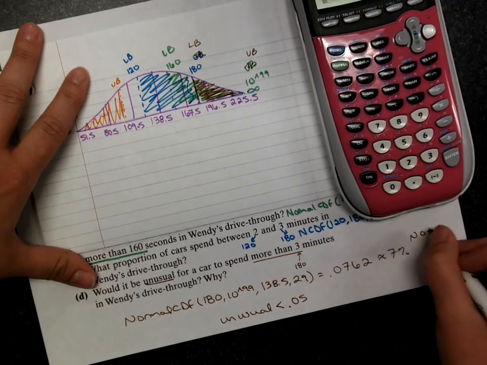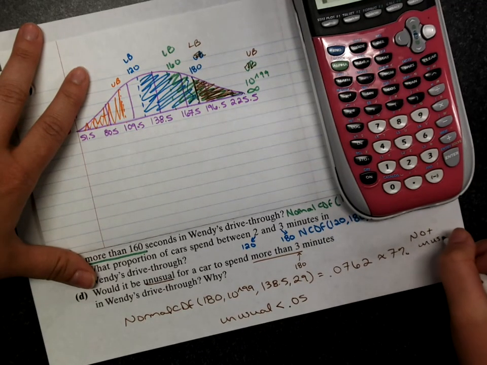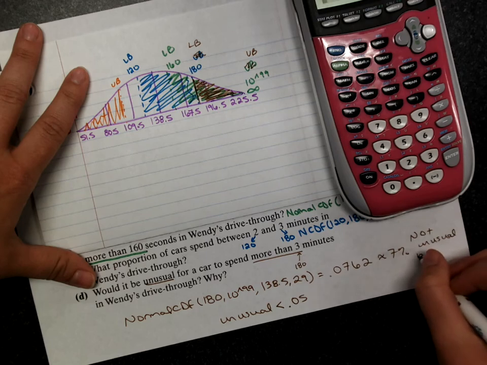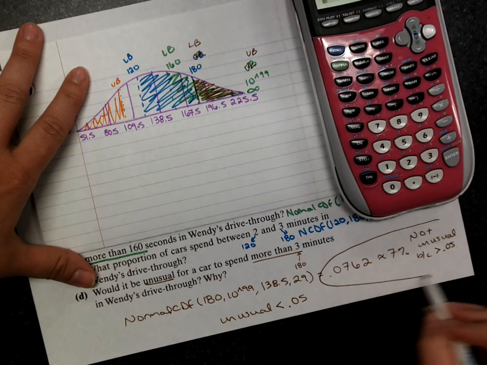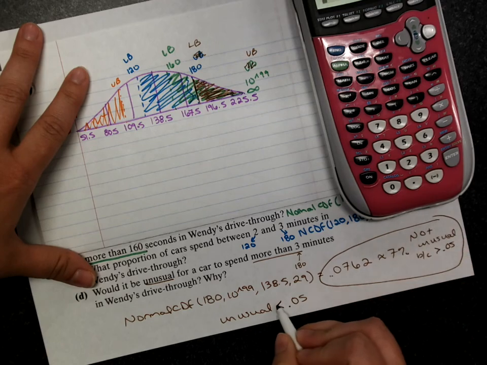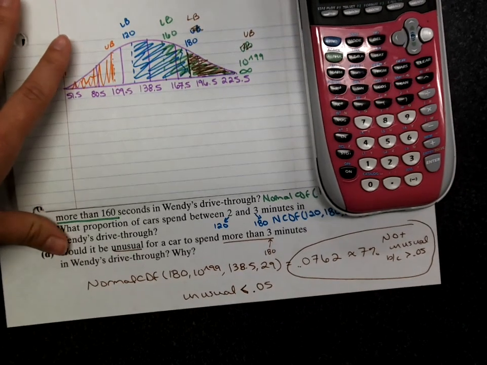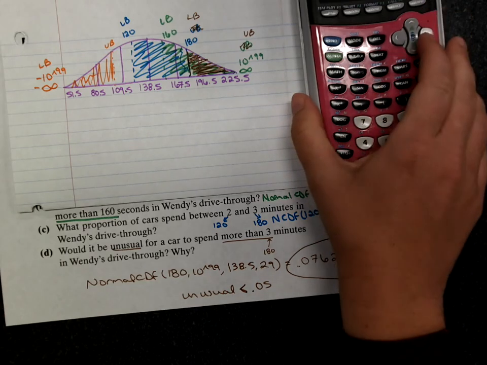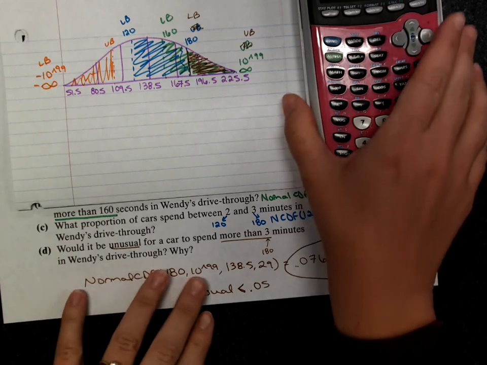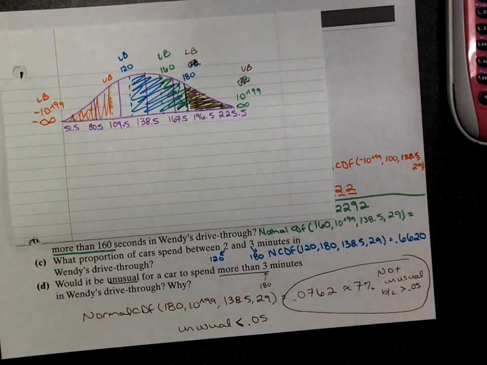No. So not unusual, because it's greater than 5%. So if it's greater than 5%, it's not unusual. If it's less than 5%, it is unusual. So this helps us kind of gauge what's normal and what's not so normal. I'm going to pause there, and then I'll finish up with the last section from the textbook.